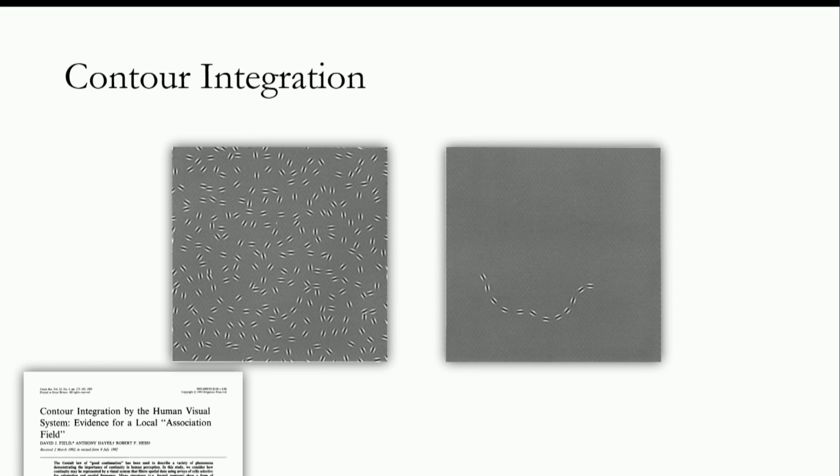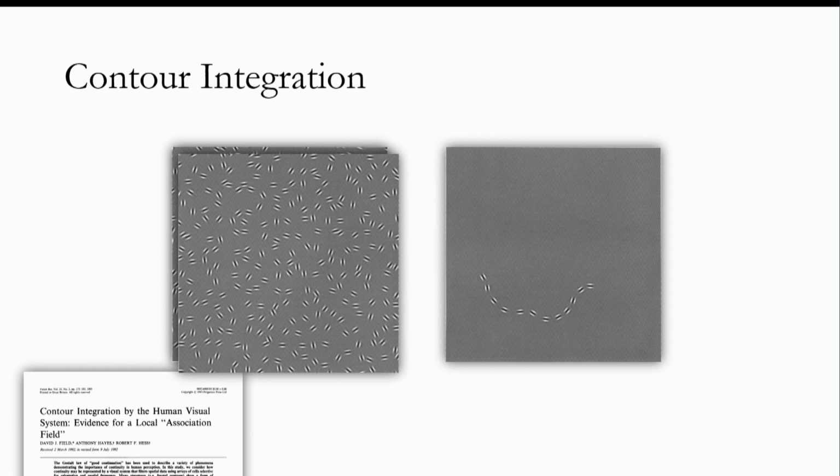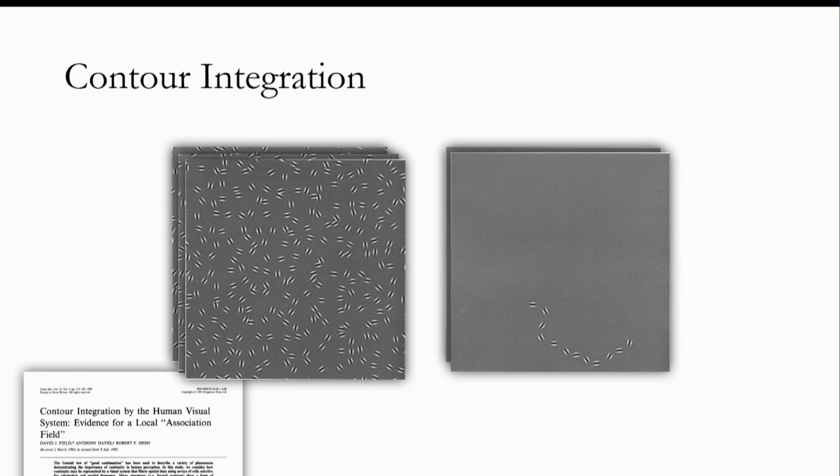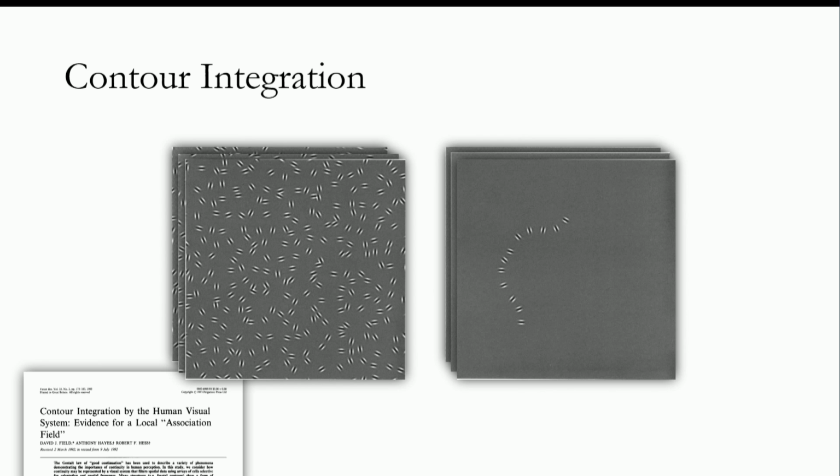It's just a picture with some random orientations, but the visual system picks out one contour. But I also looked at pictures like this, and if you look long enough at this one, you won't find a thing because the curvature is too high. And you have this picture, where you also won't find anything, because the orientations are exactly 90 degrees off.